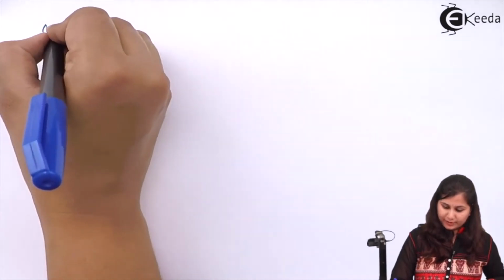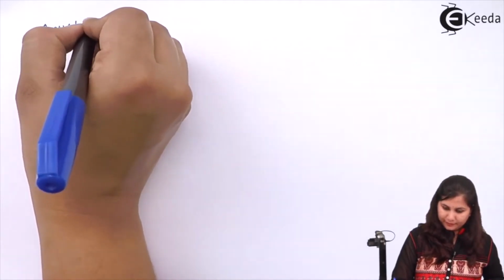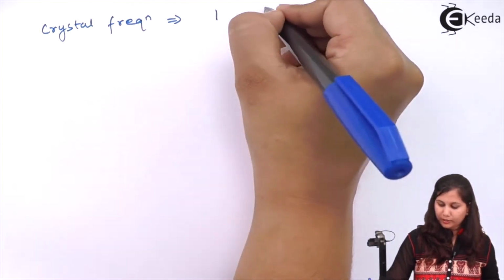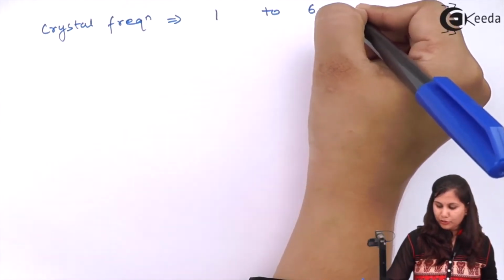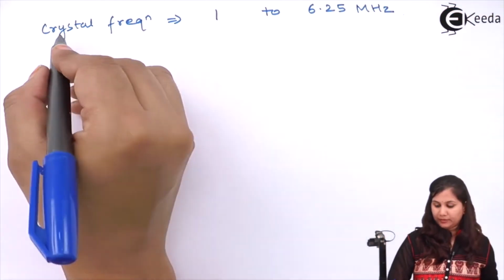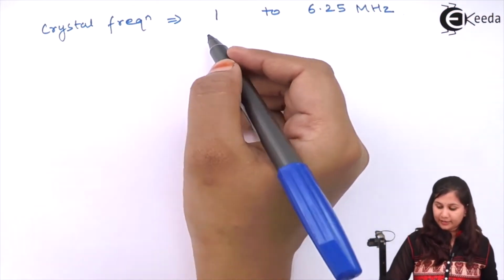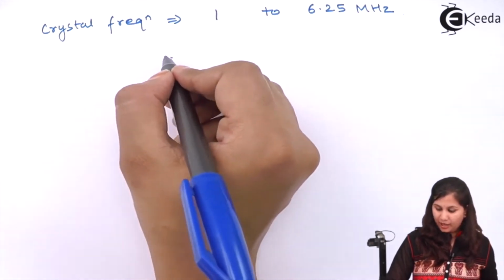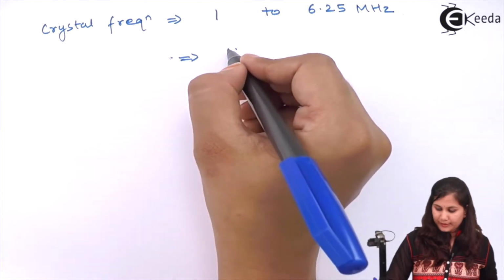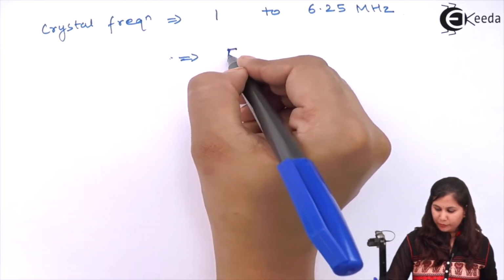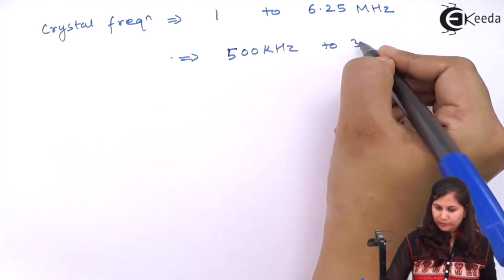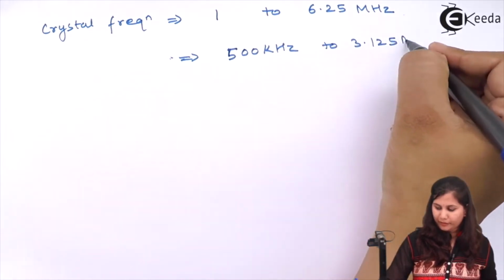So we have the crystal frequency in the range from 1 to 6.25 megahertz. When the flip-flop divides it by 2, we are getting the output as 500 kilohertz to 3.125 megahertz.